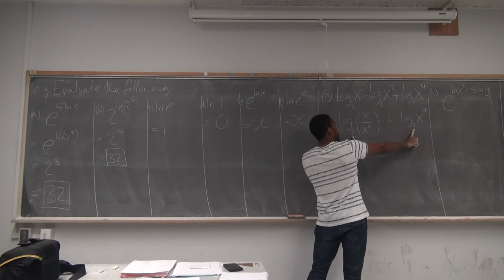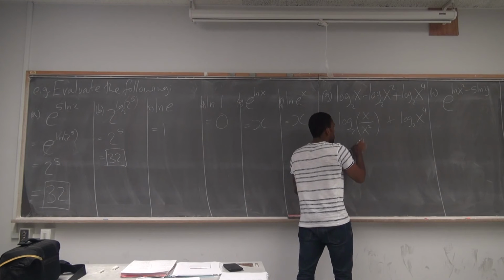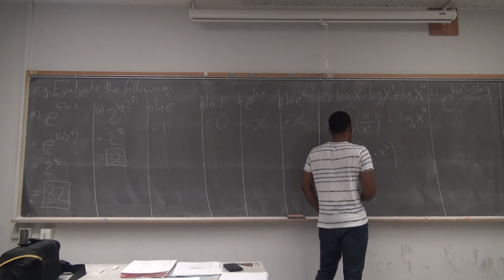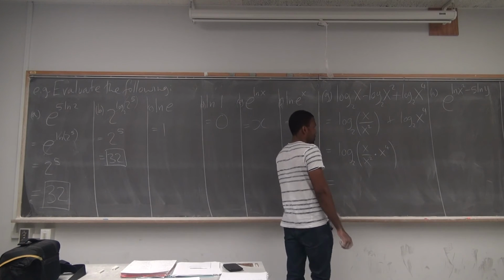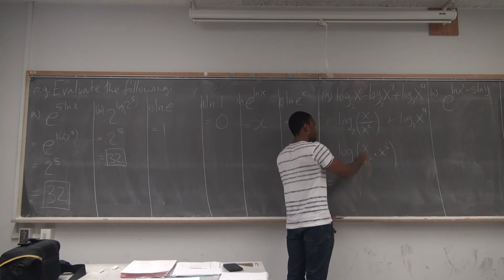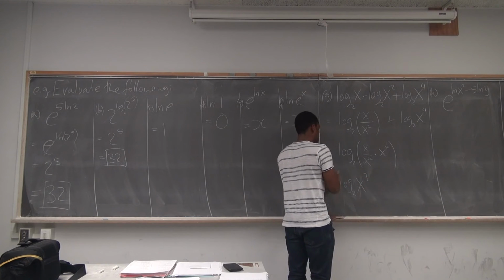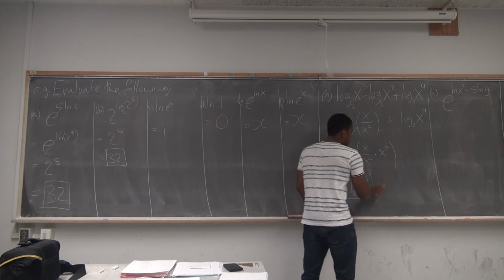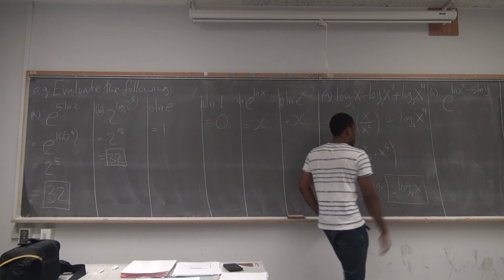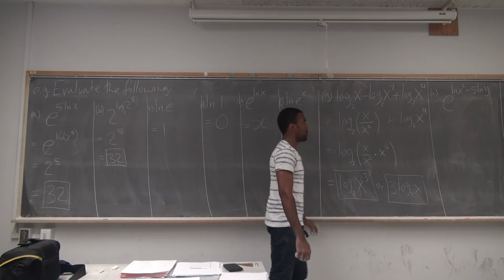So what can I do now? I can put it into one log and multiply these: x over x squared times x to the 4th. So what am I left with? Well, x squared goes into this 2 times, so I have x times x squared. That's just x to the 3rd. Or you can bring that 3 down. It won't really matter. So these 3 terms I could simplify to that.